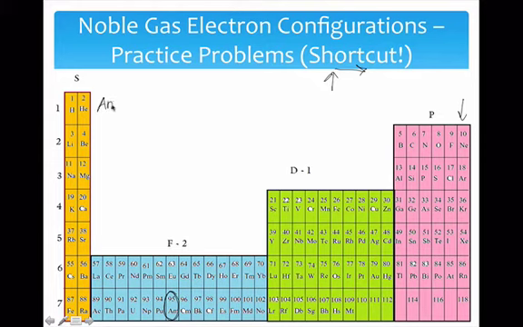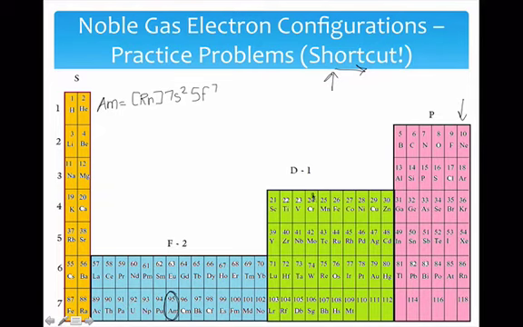You put the noble gas in square brackets, and that represents all of this electron configuration stuff, all of it through radon. So then I only have to write out the row electron configuration. So I start with 7s2, 5f7, because it was 1, 2, 3, 4, 5, 6, 7 over.